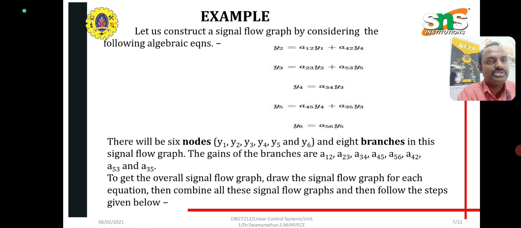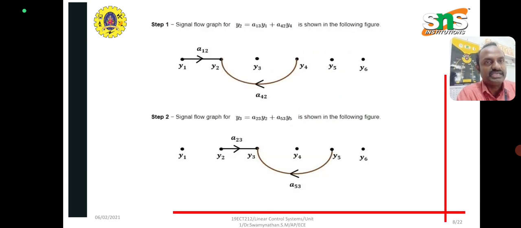Examples: y2 is equal to a12 y1 plus a42 y4, and then y3, y4, y5, y6. These are all the 6 different nodes. Here a42 is the gain from y4 to y2. Then a23 y2 means from y2 to y3, the gain is a23, because a23 denotes 2 to 3.